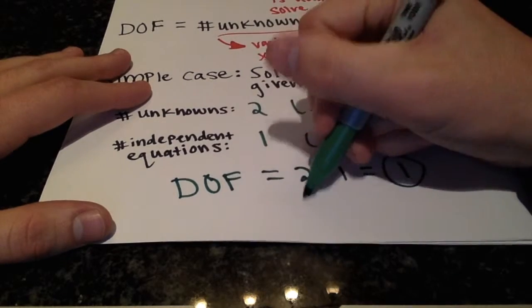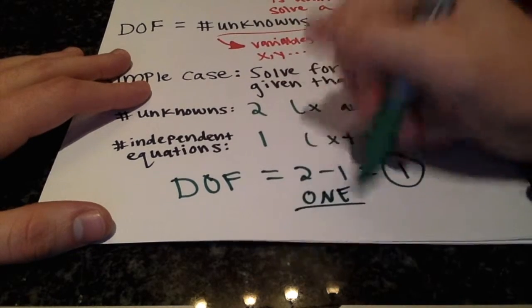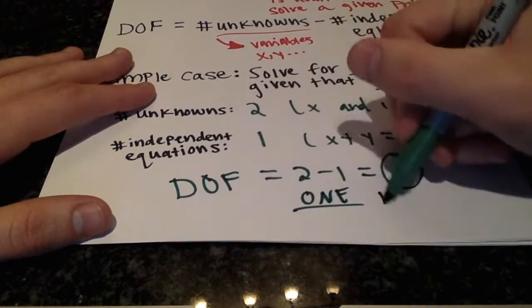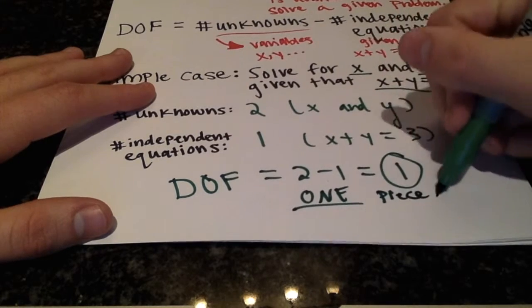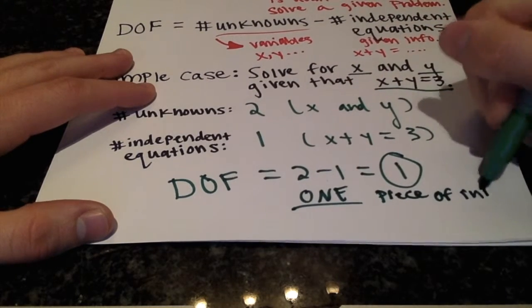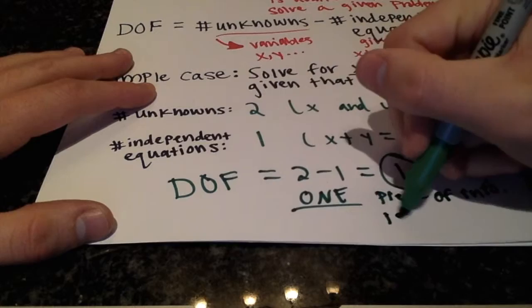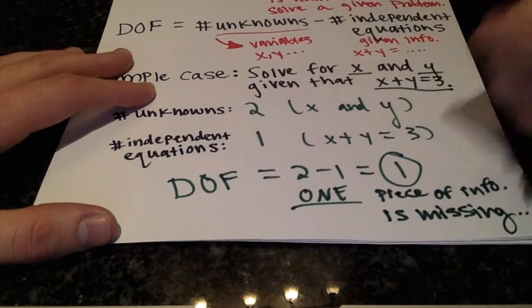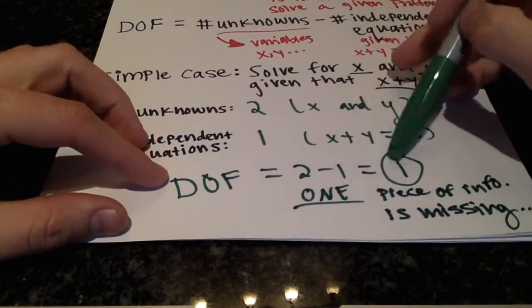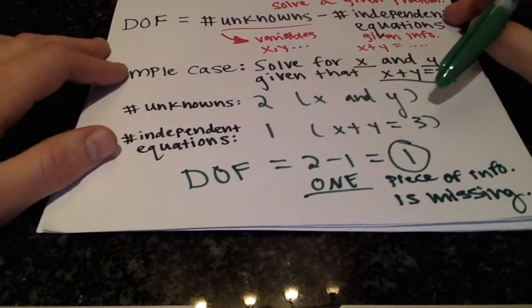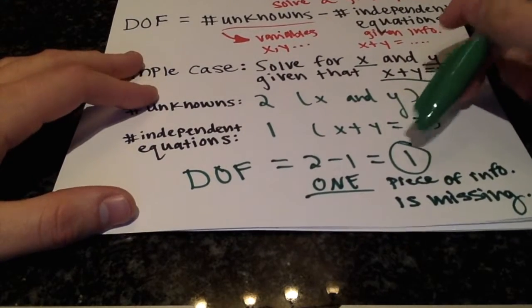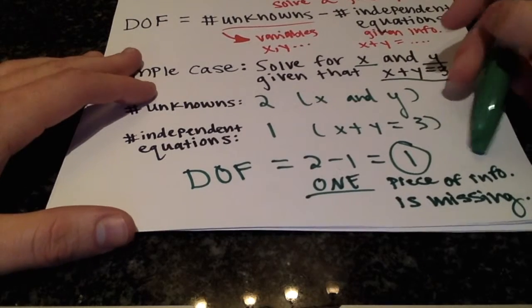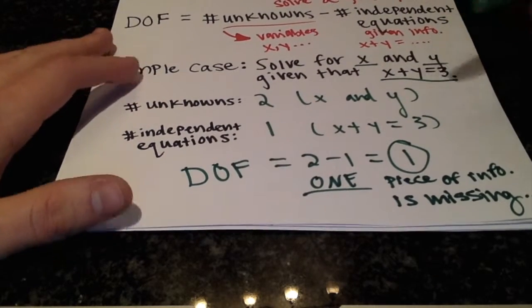So that means that one piece of info is missing. So if we're told that we have 1 degree of freedom, that means that one more piece of information needs to be given, or one more equation or relationship needs to be given or specified so that we can solve this problem.